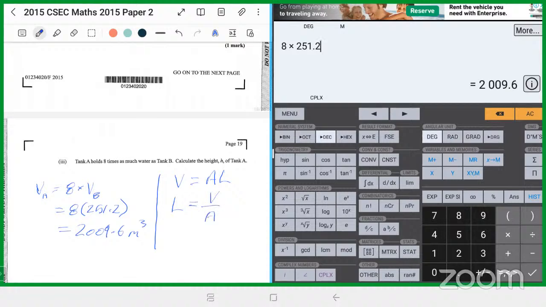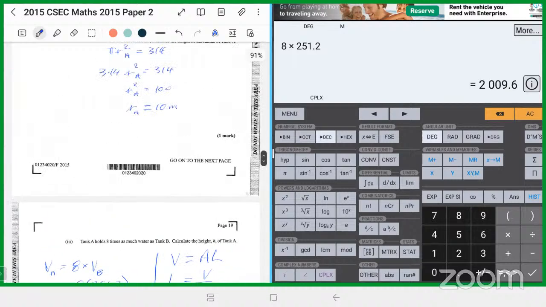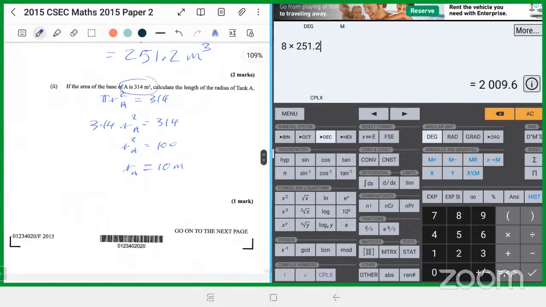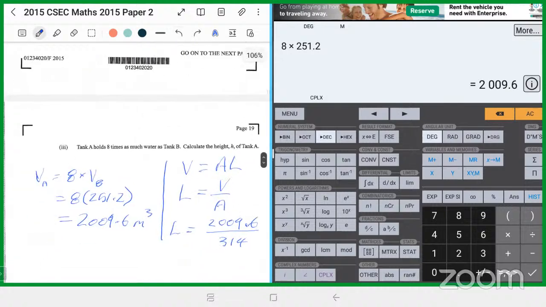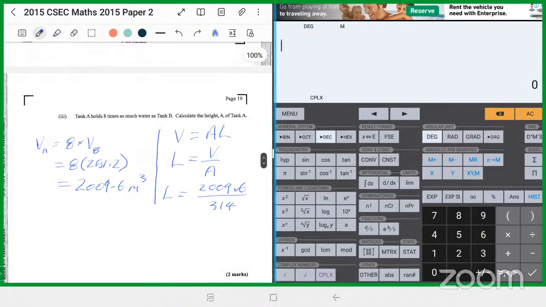The volume is 2009.6 over the base area, which is 314. So 2009.6 over 314 is 6.4. So the height of that tank is 6.4 meters.